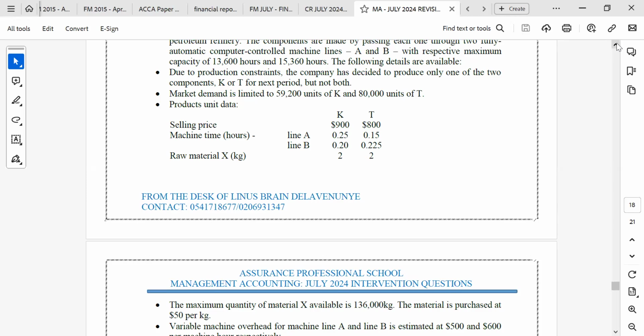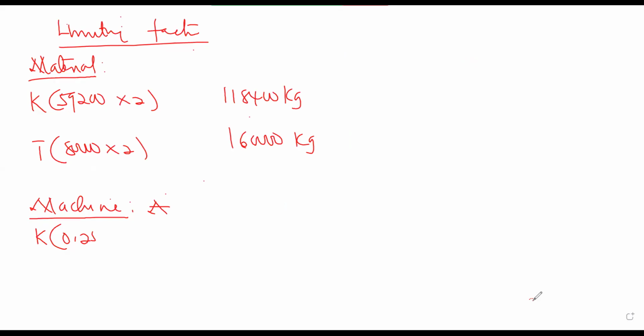So that will be 0.25 multiplied by 59,200.